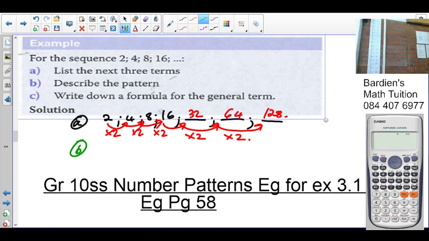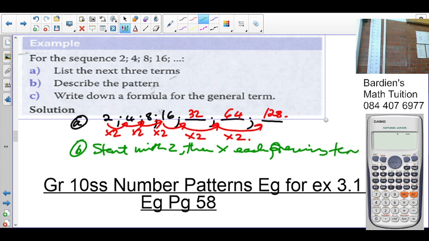Right, let's look at B. Describe the pattern. You start with 2. Then multiply each successive or previous term by 2.